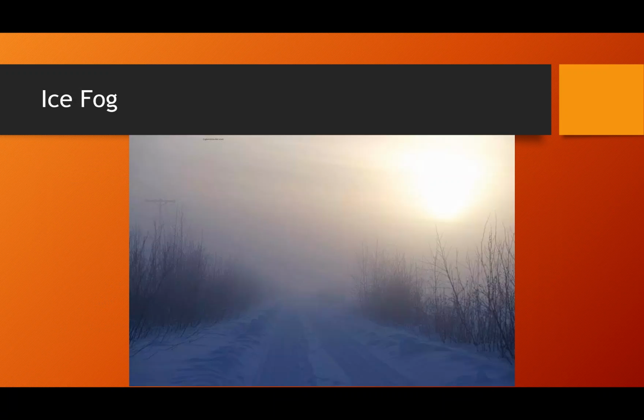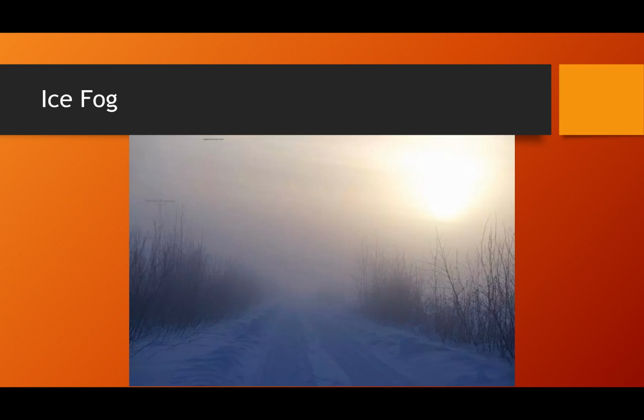The reason why I'm interested in homogeneous nucleation is due to ice fog. I grew up in Alaska, and the part that I grew up in gets pretty cold in the winters. With pure water vapor in the air, assuming the air doesn't have any dust particles floating around, ice fog can occur below -20 Celsius.